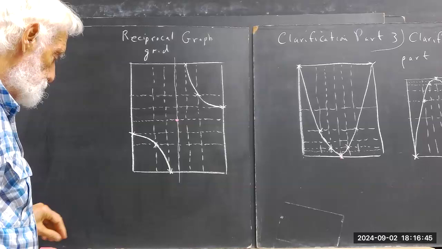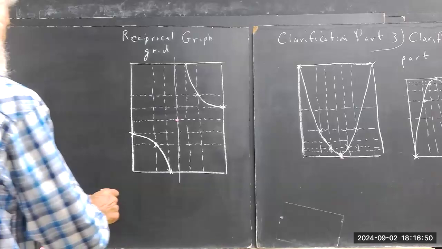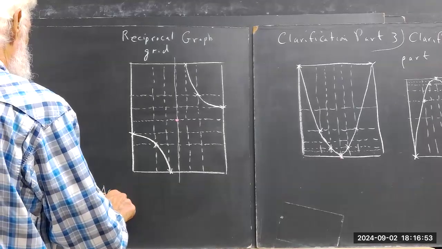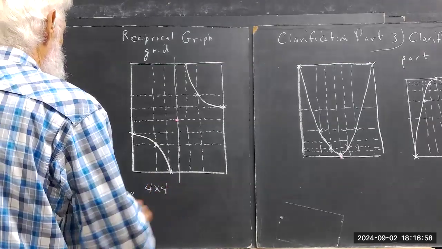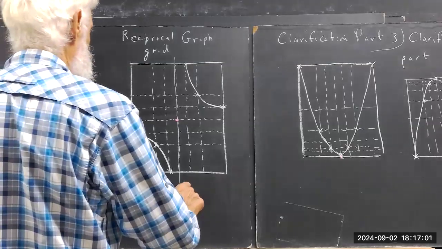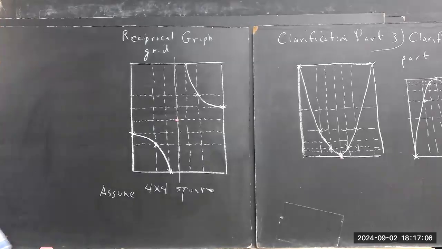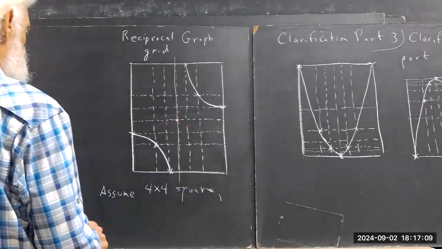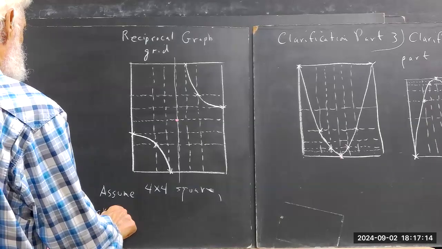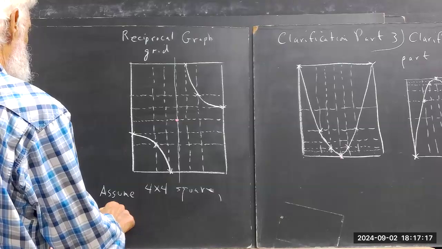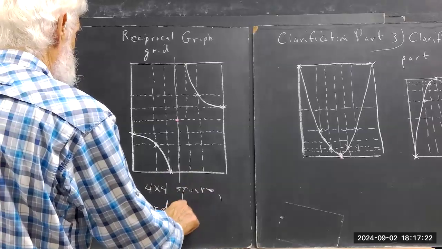Okay, so now we're going to assume again a 4x4 square, with the origin of our coordinate system at the red dot.